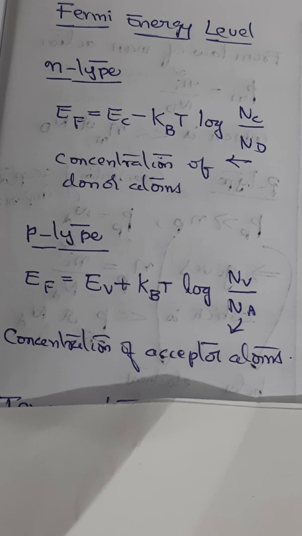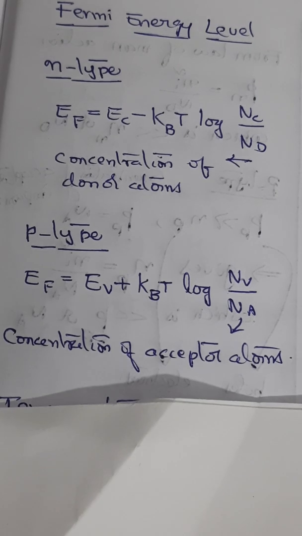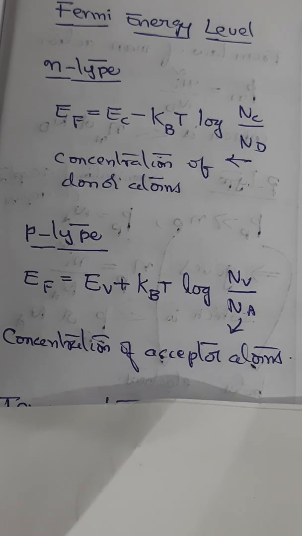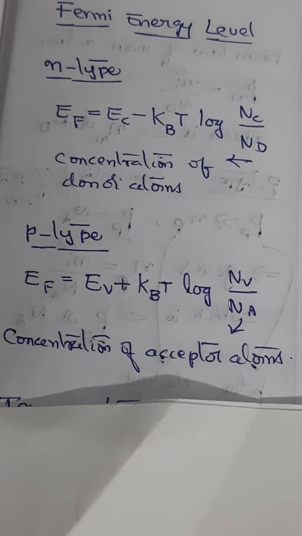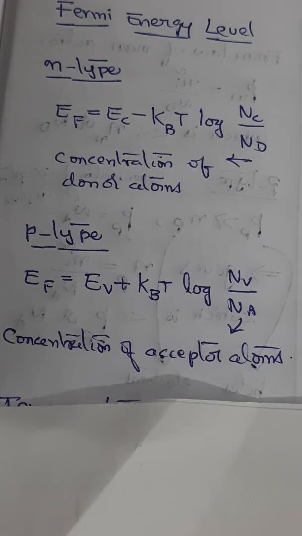So what the majority carriers concept is all about: in n-type extrinsic semiconductor, electrons are majority carriers and holes are minority carriers. In p-type extrinsic semiconductor, holes are majority carriers and electrons are minority carriers.